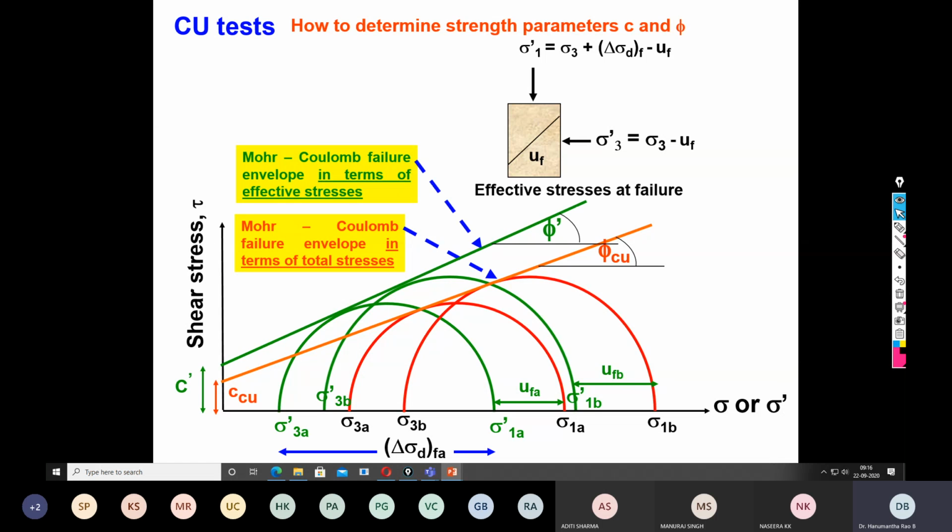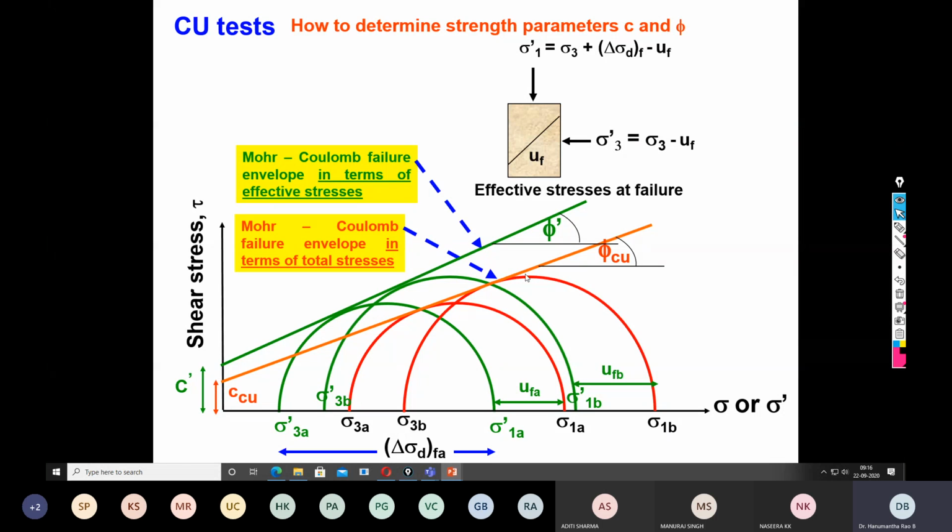Then if you draw the Mohr-Coulomb failure envelope, again you will get C dash and phi dash. These are the effective stress shear strength parameters, C dash and phi dash. C_u and phi_u are the total stress shear strength parameters.